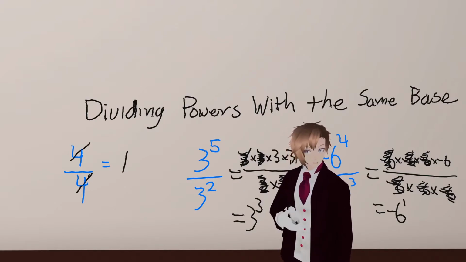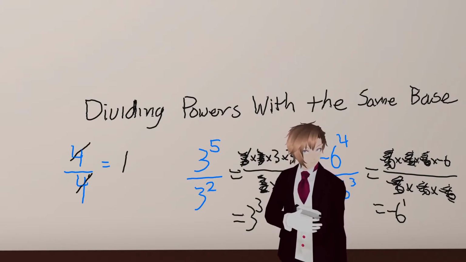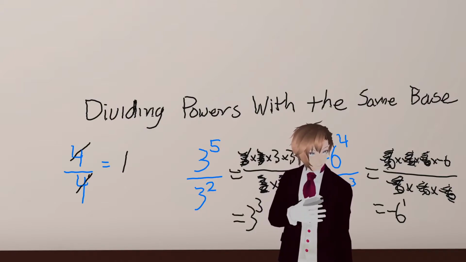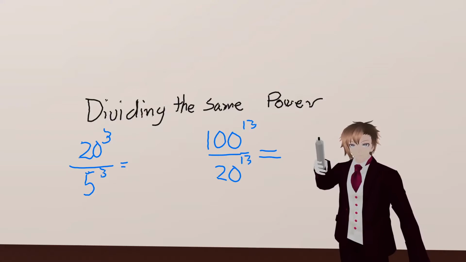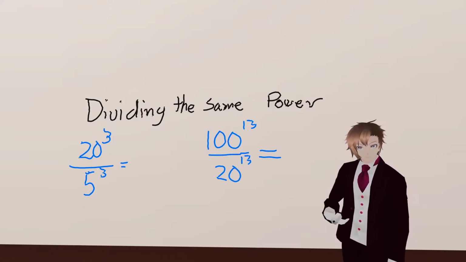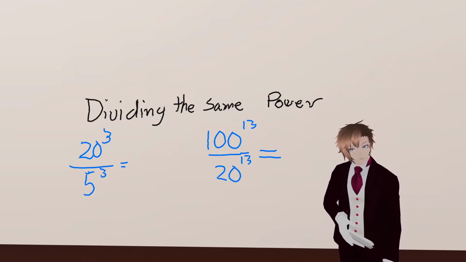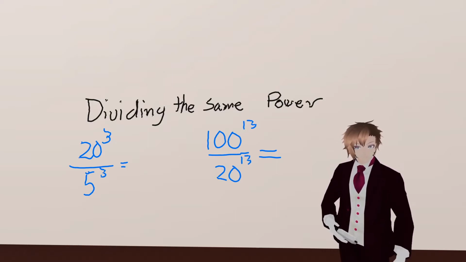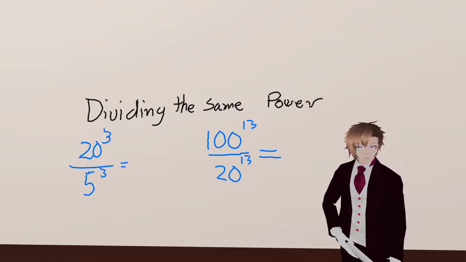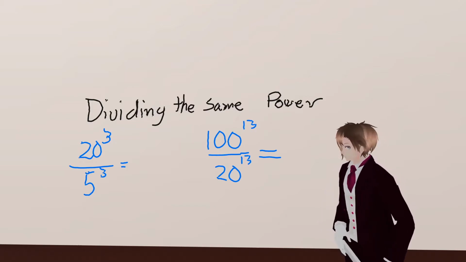So let's have a look at dividing powers with the same power but a different base. Now before, we did 4 to the power of 1 divided by 4 to the power of 1. And we just did 4 divided by 4, which is 1.